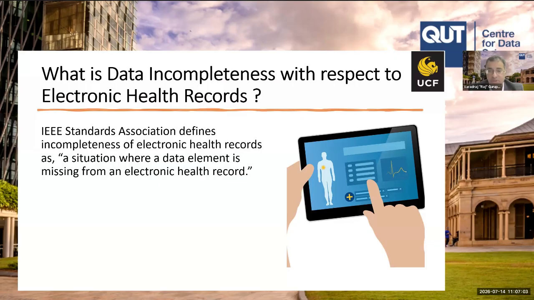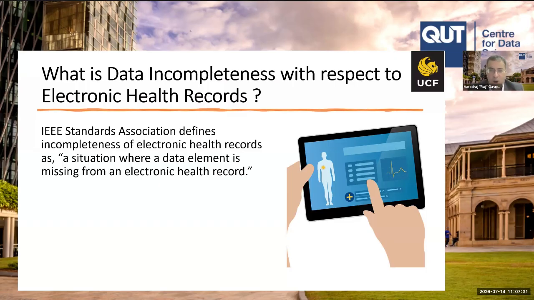For example, there could be a heart patient, and the most recent blood pressure data was missing. It could be that a patient walking into a clinic has a missing first name, or a last name or surname, as we call it here in Australia. It could be that the information on the payer, in the US, more relevant in the US than in Australia and UK, I believe, is missing.